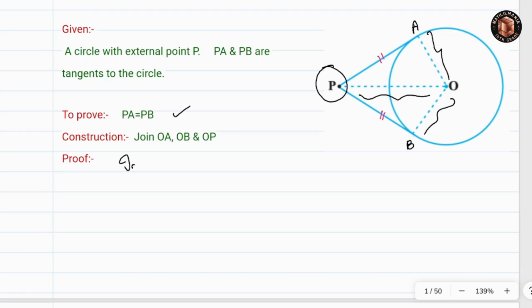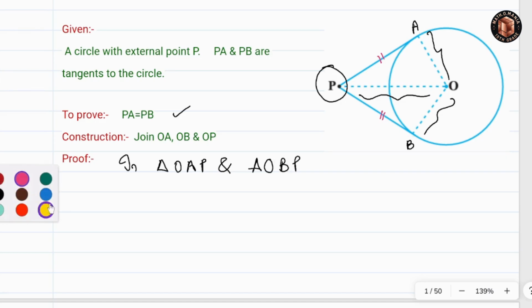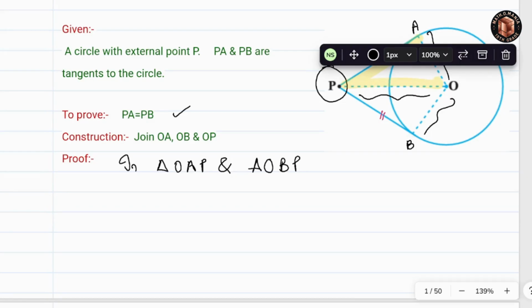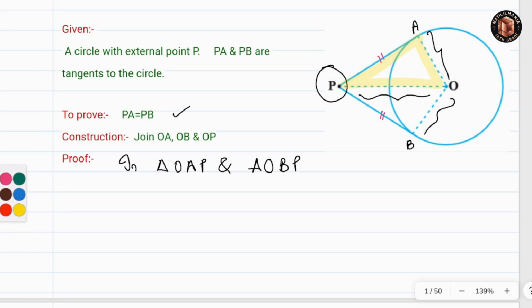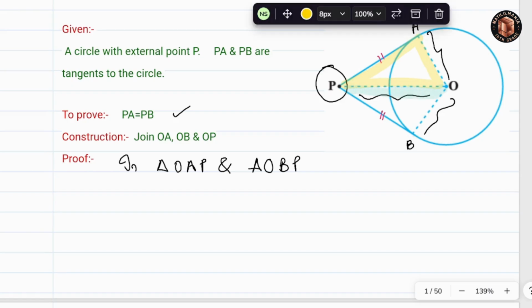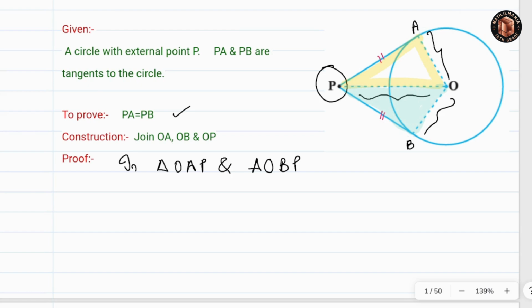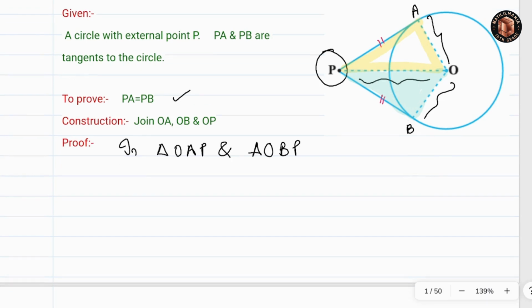Here in triangle OAP and triangle OBP, that is which two triangles? This one is our triangle OAP, right? And this one is our second triangle OPB. These two triangles we are getting here. In these two triangles, you can see that OA equals OB.